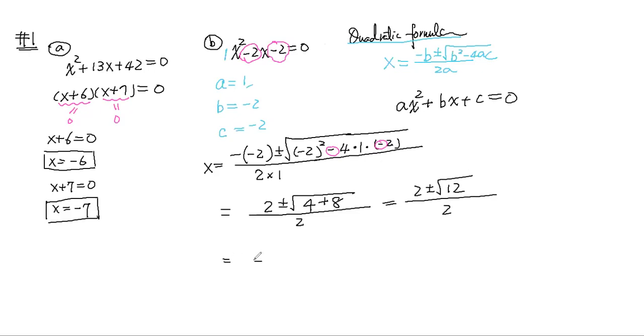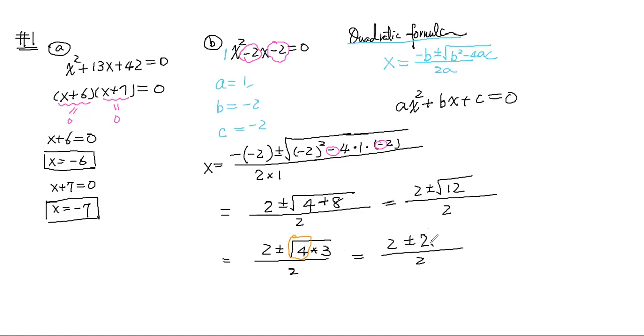Then the square root of 12, I can simplify a little bit. The square root of 12 is the square root of 4 times 3, right? Now if you take the square root of 4, what does it give you? It's a 2.